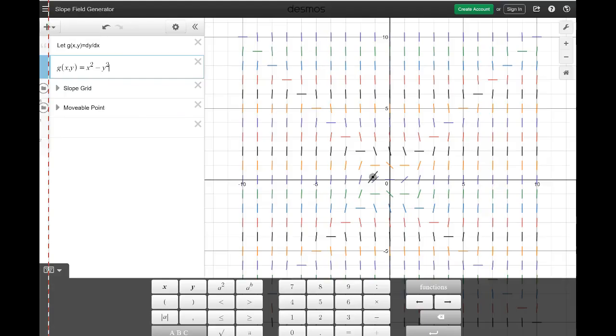So going into Desmos, I've plugged in the equation x squared minus y squared. That's our derivative. And notice g of x is equal to the derivative dy dx.